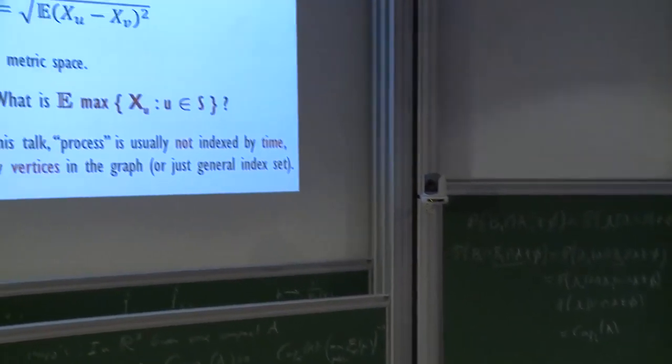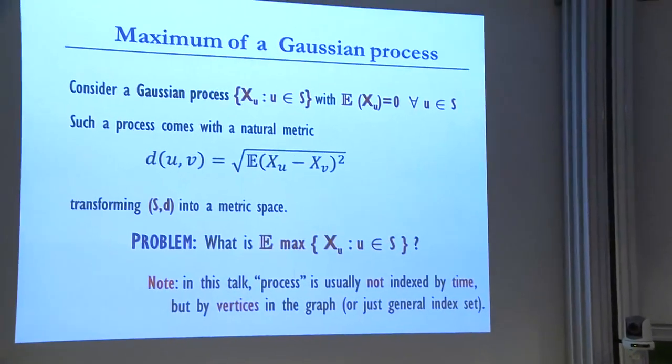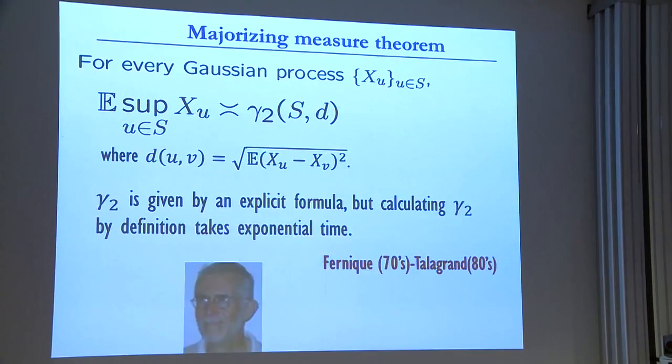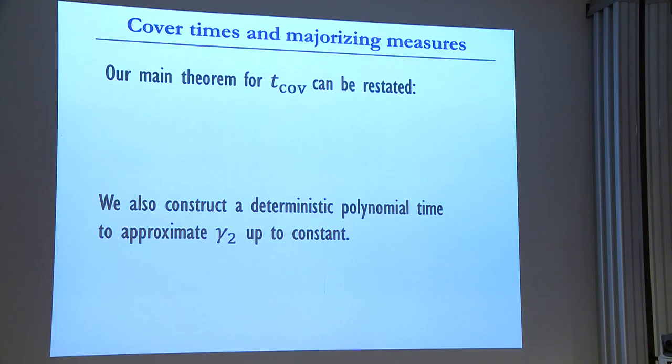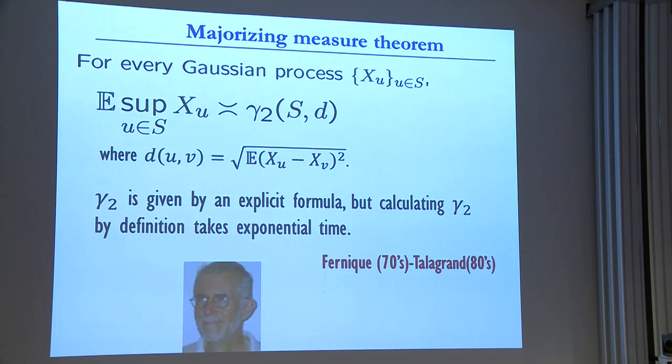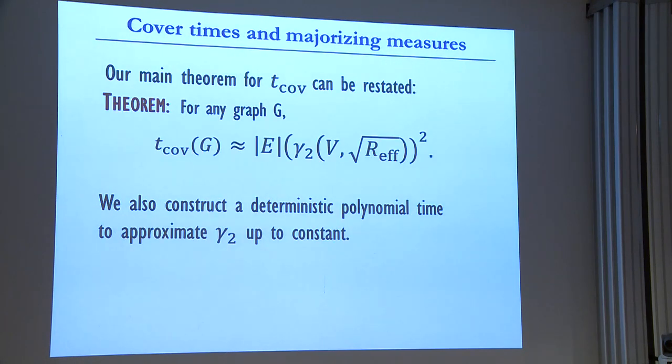There's a rich theory of the maximum of Gaussian processes, and I can't go into it, but there is this gamma 2 functional, first described by Fernique and completed by Talagrand, to show that the sup of a Gaussian process is this gamma 2. And our main theorem can be restated as: the cover time is equivalent to the number of edges times this gamma 2 squared.